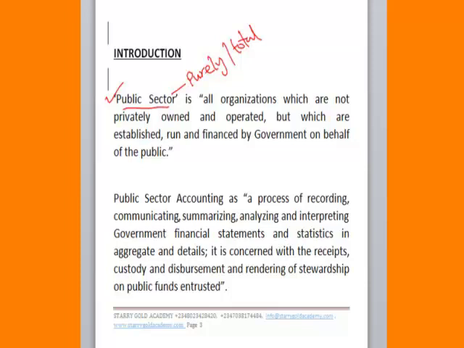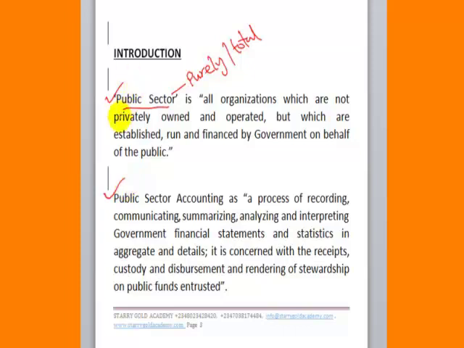That is one definition, and another author has defined public sector accounting as a process of recording, communicating, summarizing, analyzing, and interpreting information in order to facilitate decision making.